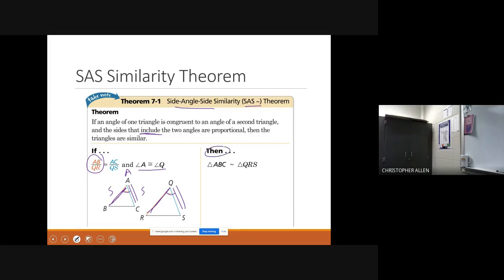We can then conclude that those two triangles are similar. So notice here, we are not using AA similarity. We don't know that angle B and angle R are congruent. We don't know that angle C and angle S are congruent. We're using something different in this example. This is called SAS, okay?